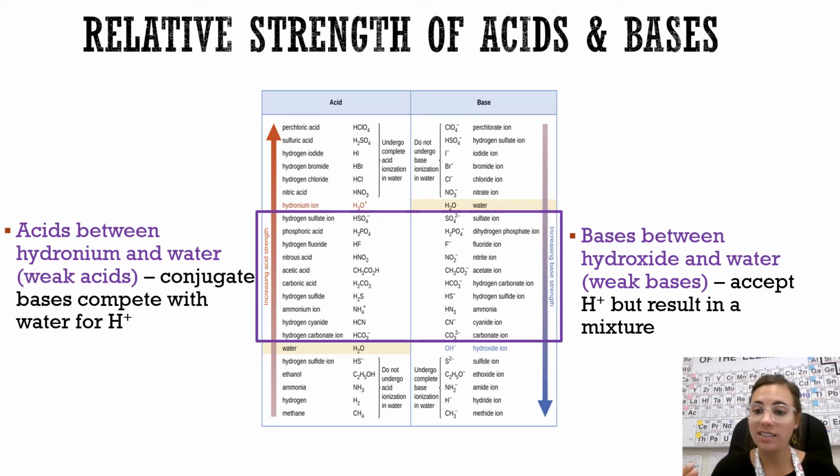And the conjugate acid of a base in this area can act as an acid. So there is basic character to the conjugates of these acids, and there is acidic character to the conjugates of those bases in the middle. And we'll talk a lot more about this when we get to the last part of this unit, which is salt hydrolysis.